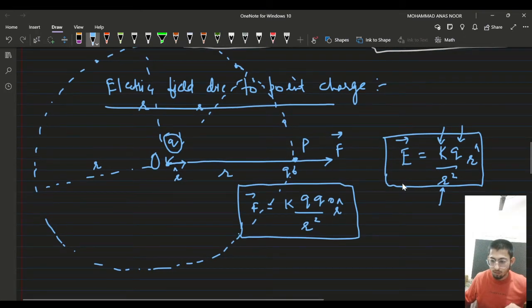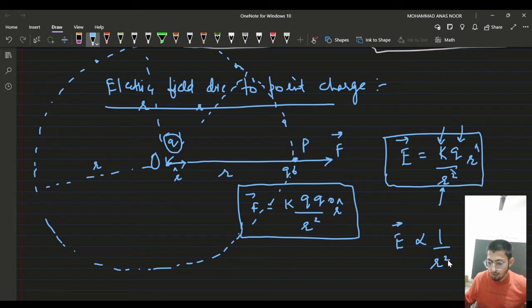Now observe one thing. If we change r and keep everything else constant, then the electric field would be proportional to 1 by r square.